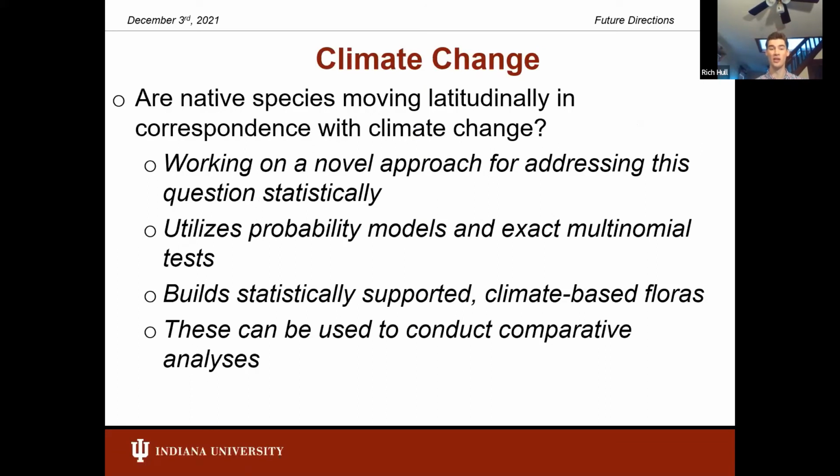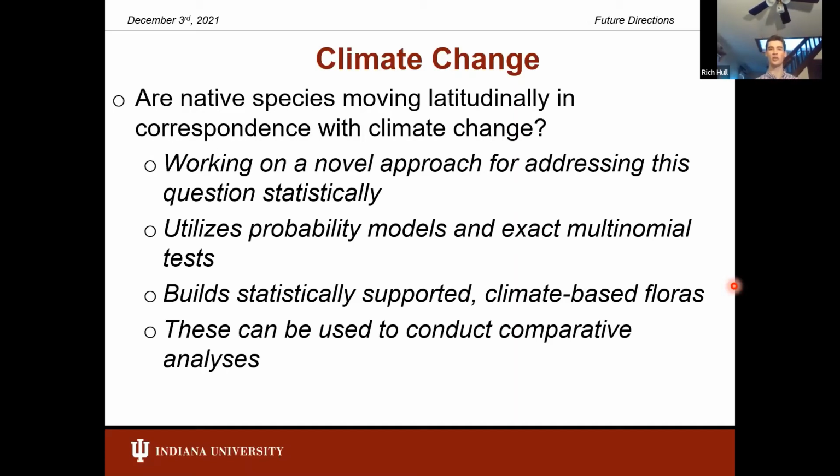So with climate change, as I said, I'm working on this novel approach that puts together these existing statistical methods to address this statistically. And to do this, I'm using probability models and exact multinomial tests. And the output from this process is statistically supported climate-based floras.